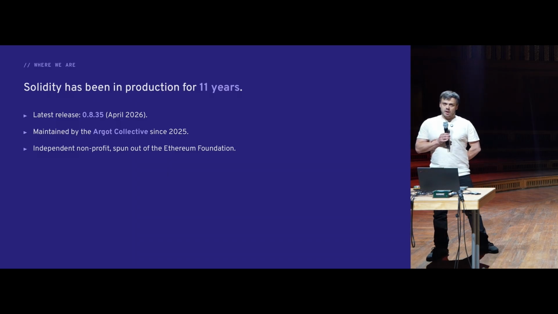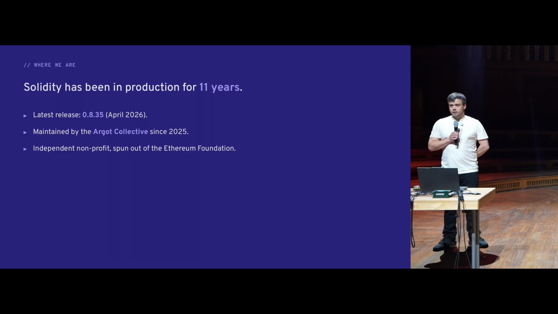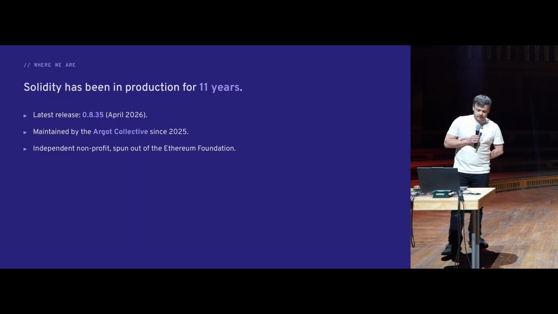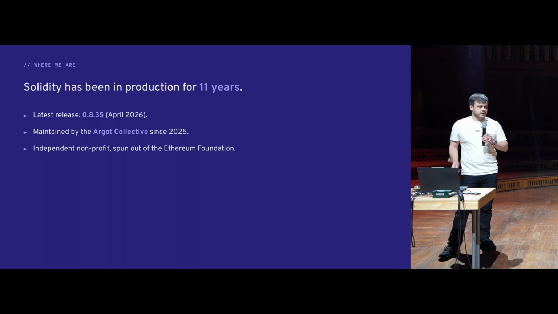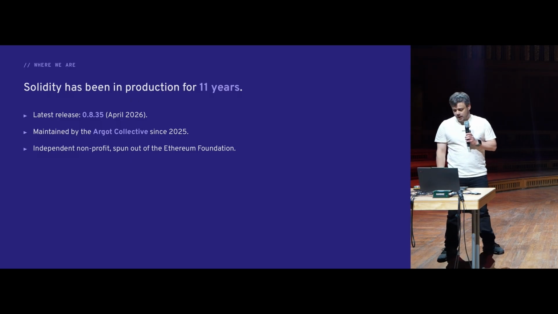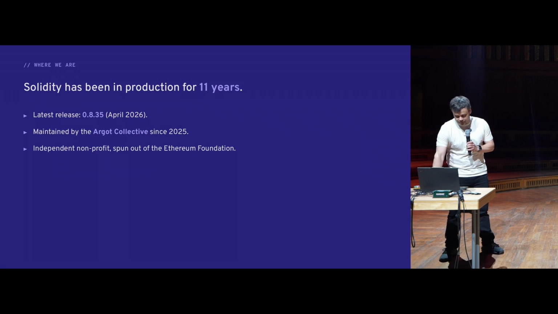It's maintained by the Argot Collective, which is a spin-out of the Ethereum Foundation. We've been independent since 2025, so about a year. I'm also going to talk a little bit about what that means and what Argo is.